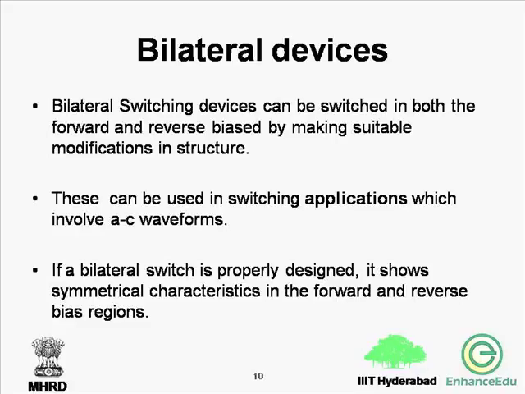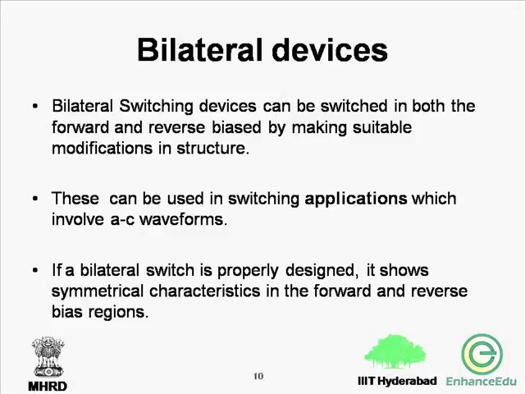The switching devices discussed till now, the PNPN devices or the SCR, exhibit their characteristic switching action only in the forward bias mode. However, by making suitable modifications in the device structure, the PNPN device can be made to switch in both the forward and reverse bias modes.